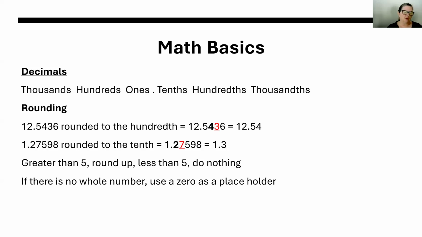So always put a 0 there in front of the decimal point if there is no whole number. So for a quarter of something, a fourth is 0.25, right? If we were going to type that out or write that out, we would want to put 0.25. So it's very, very accurate, to clarify that that's exactly what that number is.